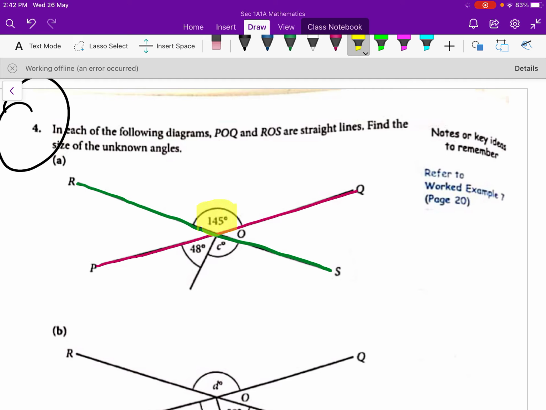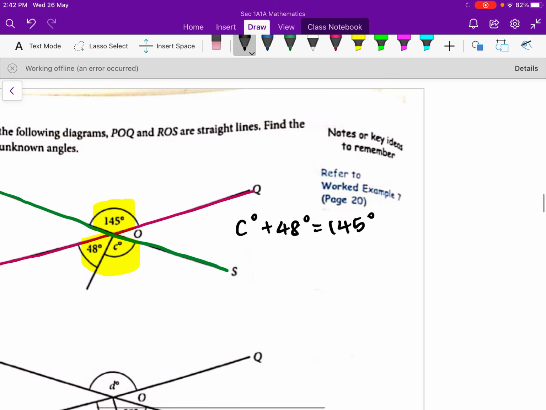So this 145 degrees is vertically opposite this other angle, which means that 145 equals 48 plus C. Or we put it the other way around. Let's put the unknown at the start. C plus 48 equals 145 degrees. So state the reason. The reason is vertically opposite angles.